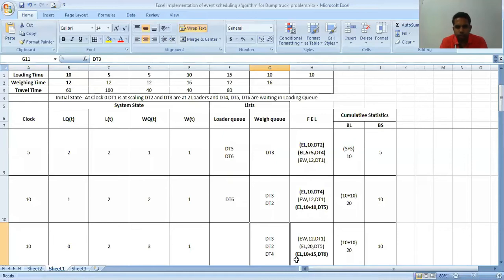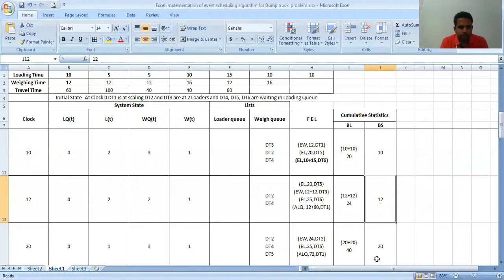And a new notice related to DT6 has to be included, which is the end of loading with clock time 10 plus the next 15 minutes. Therefore, 10 plus 15 is the clock time of completion of this notice. Until time 10, both the loaders were busy. Therefore, 10 plus 10, it's going to be 20. And for the scaling, only one scale is there. Therefore, it's going to be 10.